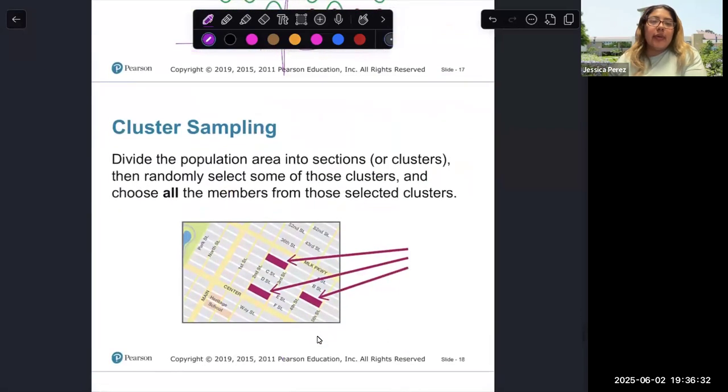There's also clustering, where this was not subdividing, but you divide the population into areas or clusters. Then we randomly select some of those clusters and choose all of the members from each cluster.